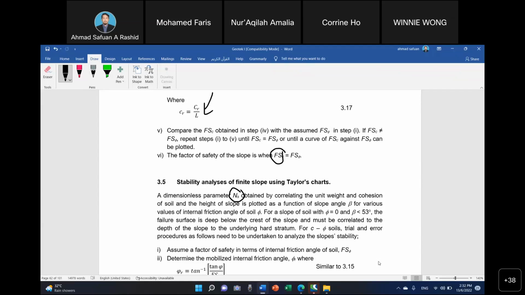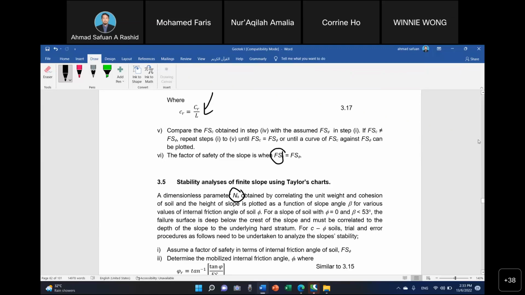For a slope of soil with phi 0 and beta less than 53, the failure surface is deep below the crest of the slope and must be correlated to the depth of the slope to the underlying hard stratum. For the C phi soil, a trial and error procedure as follows needs to be undertaken to analyze the slope stability.